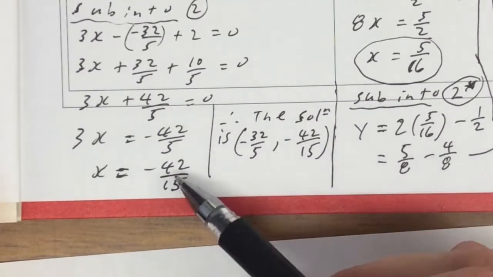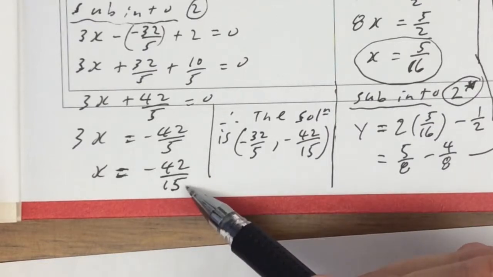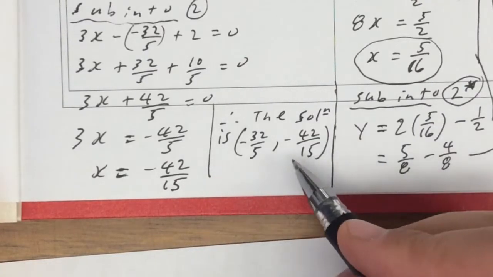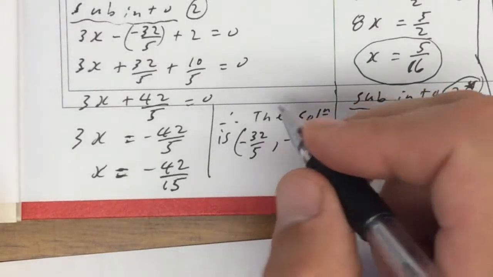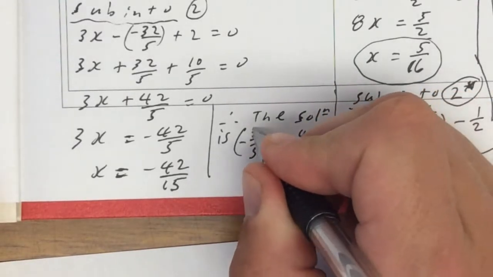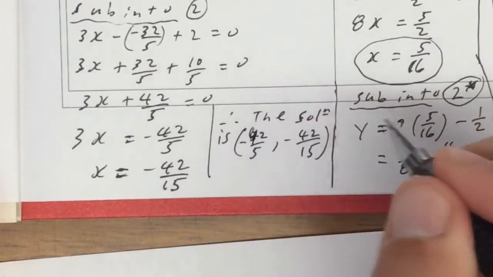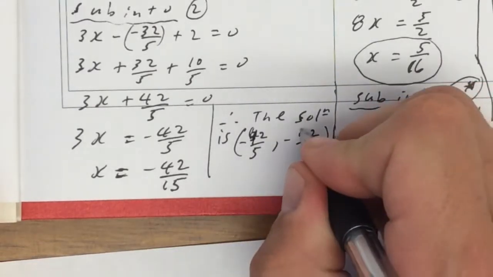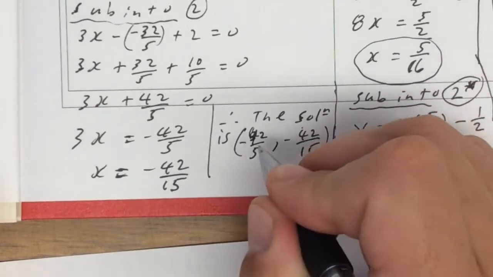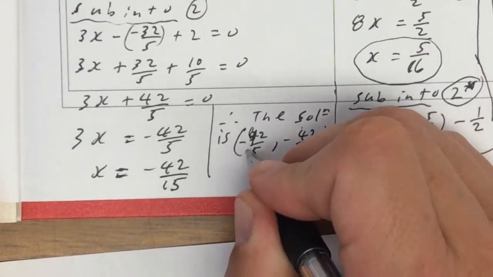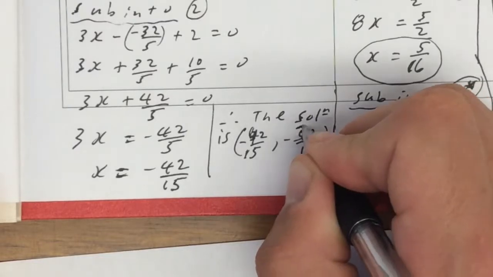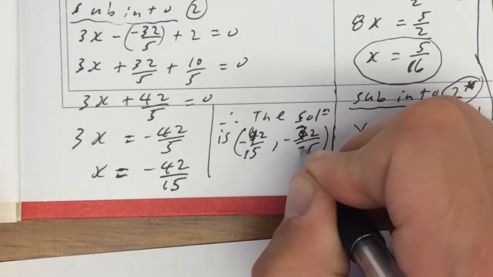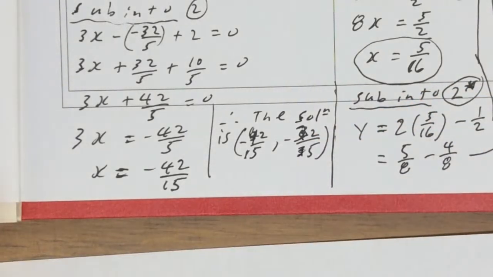Okay, so now we get the x coordinate is negative 42 over 15. The y, and I got this backwards here. Okay, so that should be a 42 over 15 there, and that should be a negative, and that should be a 15, and that should be a negative 32 over 5.